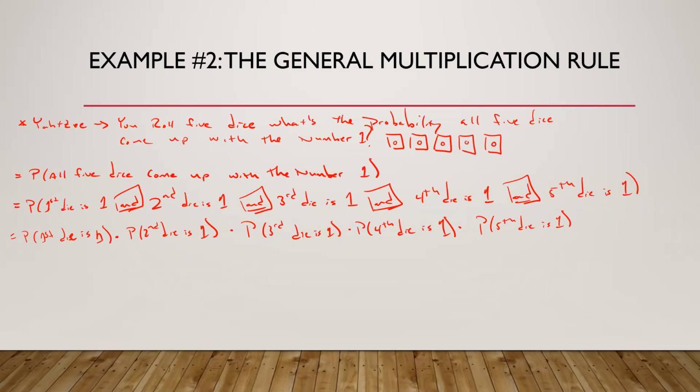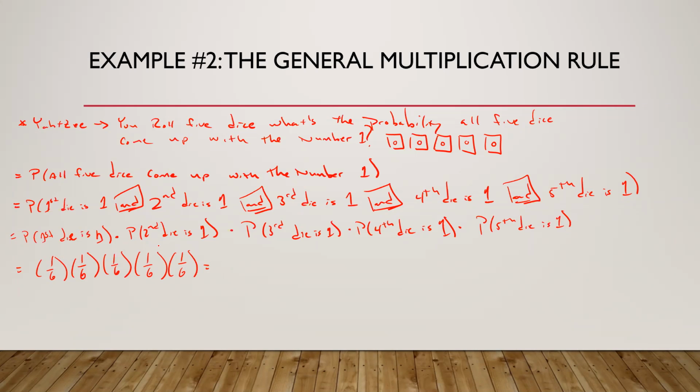And I know it's been in the chat, but what's the probability of a roll of 1? It's 1 out of 6. Yep. So this is 1/6 times 1/6 times 1/6 times 1/6 times 1/6.